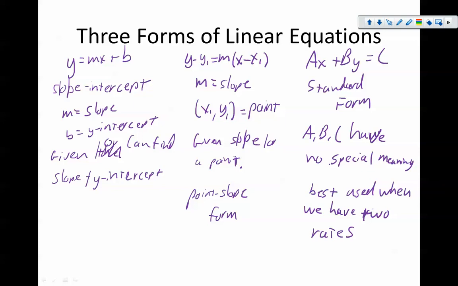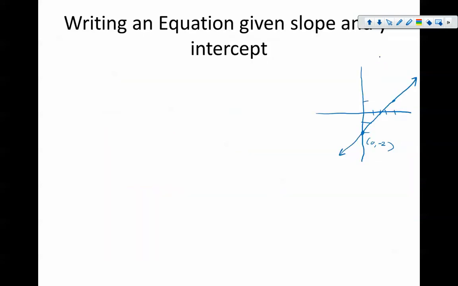But it's particularly when we have certain types of story problems where we're combining two different rates to see the total. Like I'm buying this many of this thing and this many of this thing. This is my total. This is the kind of form we use. All right. So let's go ahead and start by looking at a given slope and y-intercept.